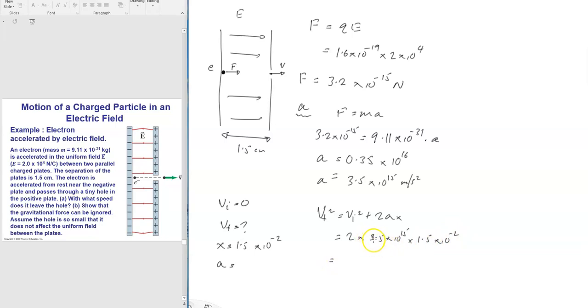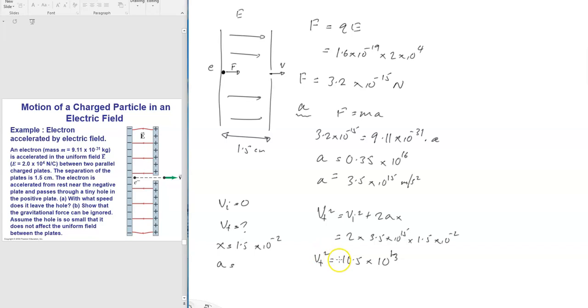Am I doing this right? I think I'm doing it right. 3.5 times 2 times 1.5 is 10.5, so that's 10.5 times 10 to the positive 13.